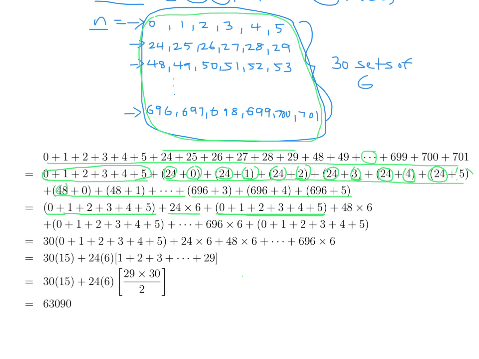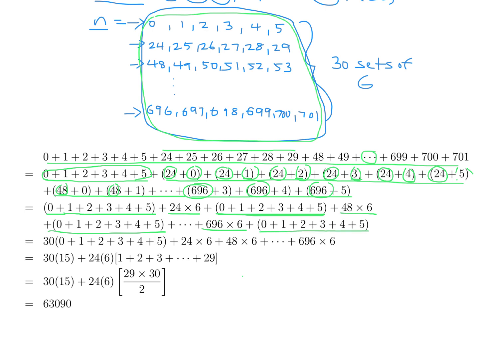You take out all the 48s, and then because there would be 6 of them, you multiply by 6, and then you add the 0, 1, 2, 3, 4, 5 that comes from each of those terms. And you just keep doing that. So you do that until the very end, which is the last ones. You take out all the 696s, and you multiply by 6 since there was 6 of them. And then you just add the 1, 2, 3, 4, 5, which is what they've done here.